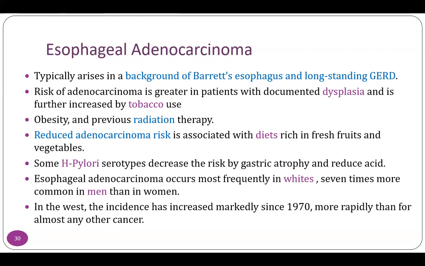So that's why it's important: adenocarcinoma is clearly more common in white, while squamous cell carcinoma is more common in black. It doesn't mean the prognosis is bad in white and better in black.